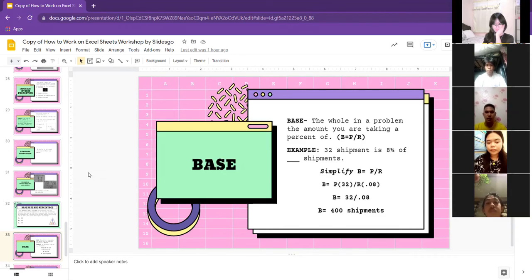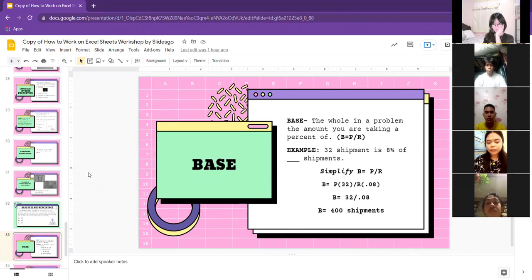Example, 32 shipments is 8% of blank shipments. Yung 32 yung percent. Tapos yung 8% naman, siya yung rate. Bali magiging base is equal to percent over rate.